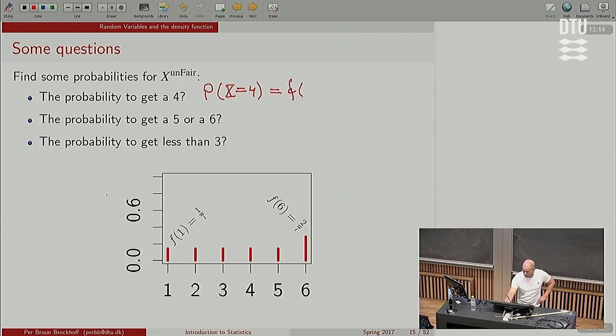Also, small f evaluated in 4. Well, it's not the most difficult question you'll meet in this course. Anyone who would like to say the word?